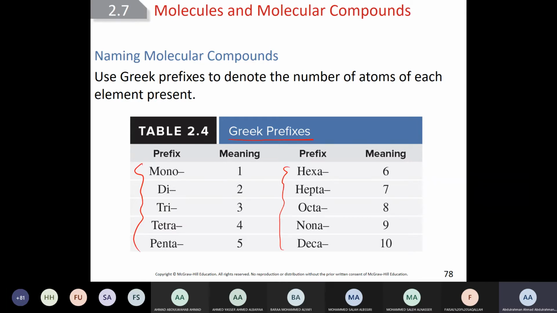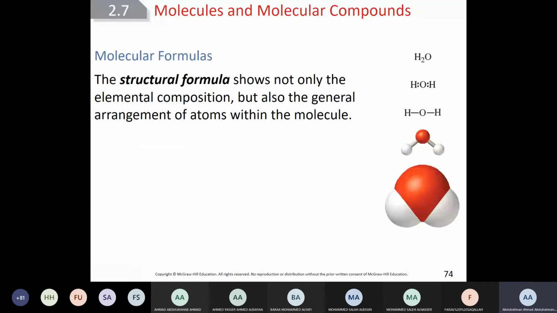Good. Now, if we have nonmetal with nonmetal, these are called molecular compounds. Don't forget, what's the name that you use? Molecular compounds. I just told you this a while ago.